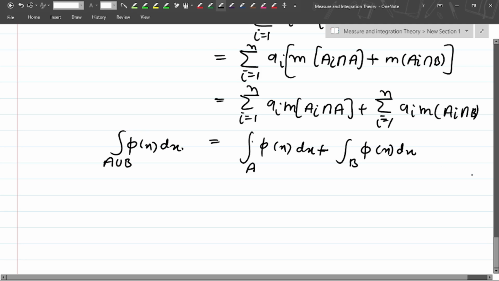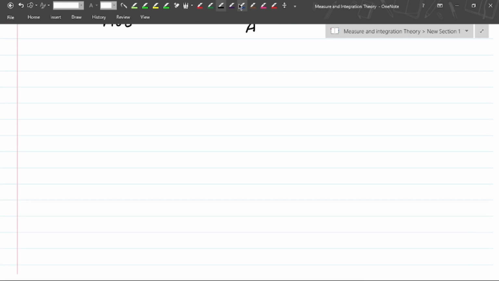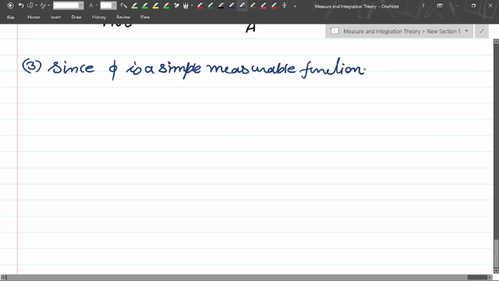Now the third result: if a is a constant greater than 0, then we can write a outside. Since phi is a simple measurable function, it takes values a1, a2, up to an.